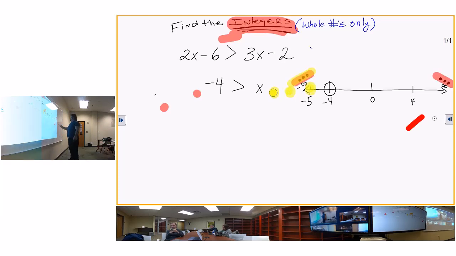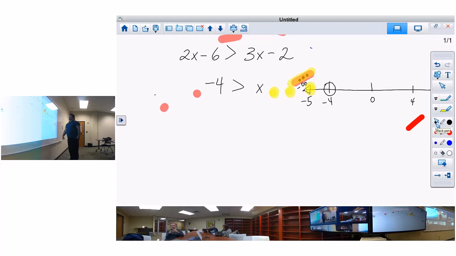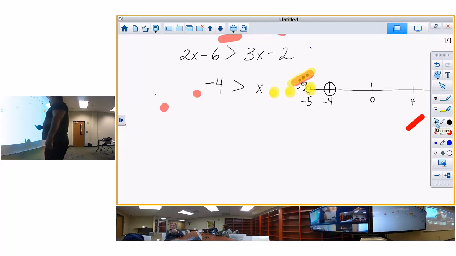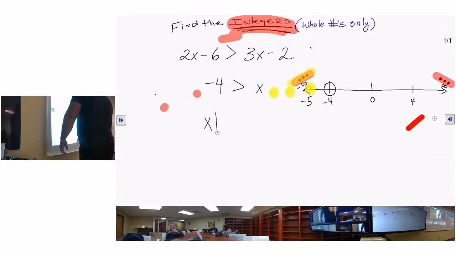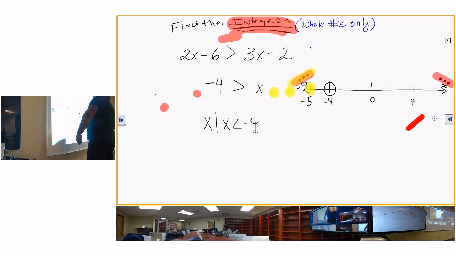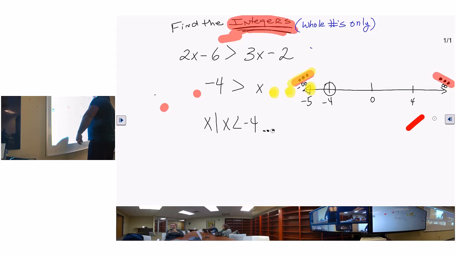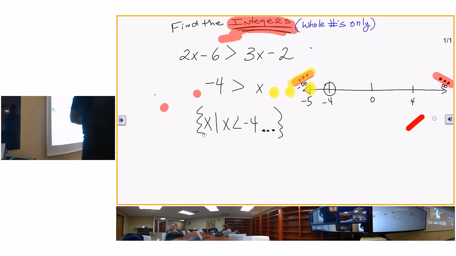Okay, so now let's do X such that X is less than -4, and then I'm going to put 3 dots here. You're going to see those 3 dots in the answer somewhere.